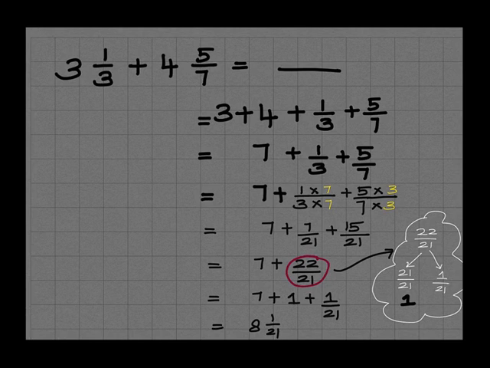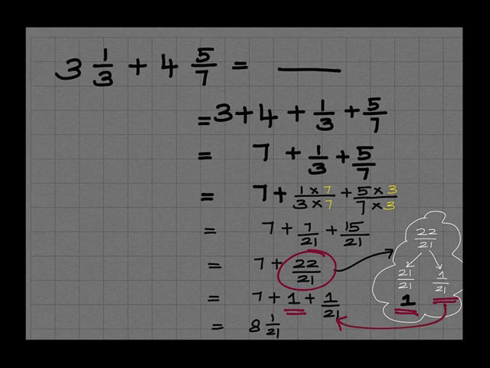So 22 by 21, we should know that it has two parts in it. One is 21 by 21 and the other fraction is 1 by 21. 21 by 21 is 1 and the 1 by 21 fraction is there. So let us substitute. 22 by 21 has one part in it, which I have written here, and the other fraction part, 1 by 21, which I have written here.